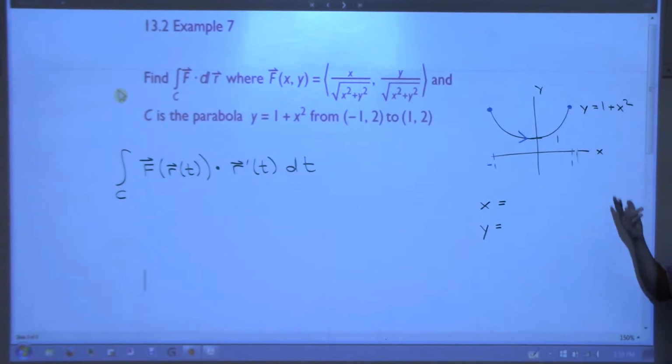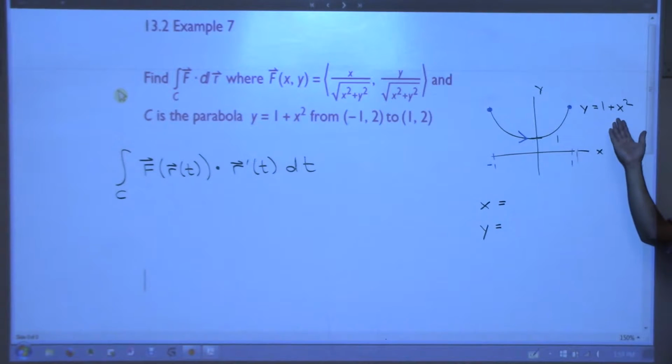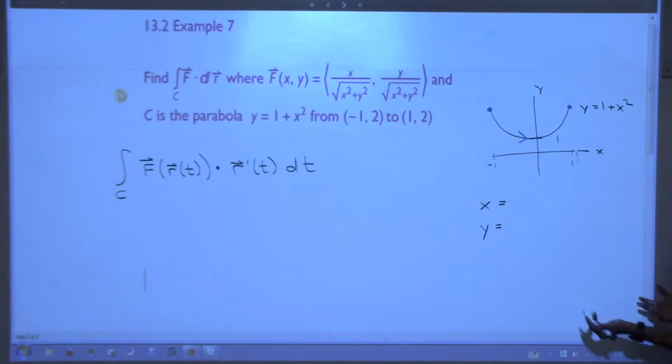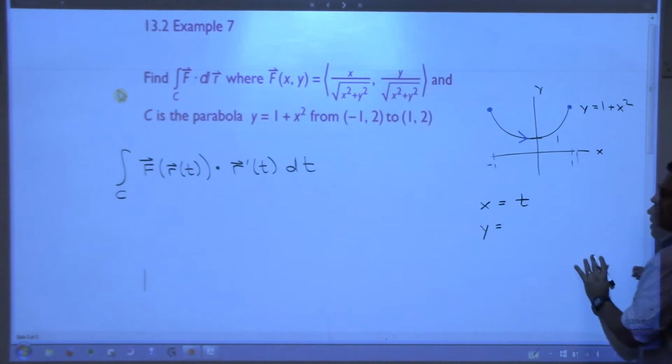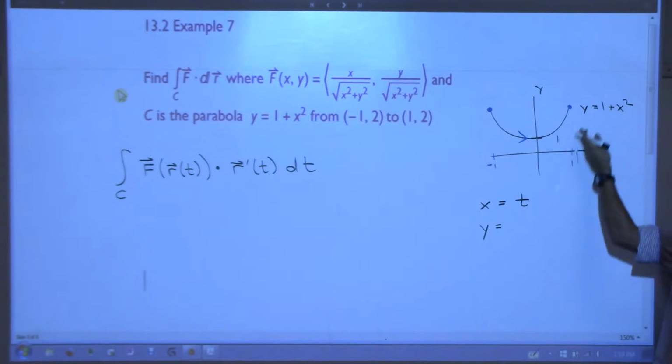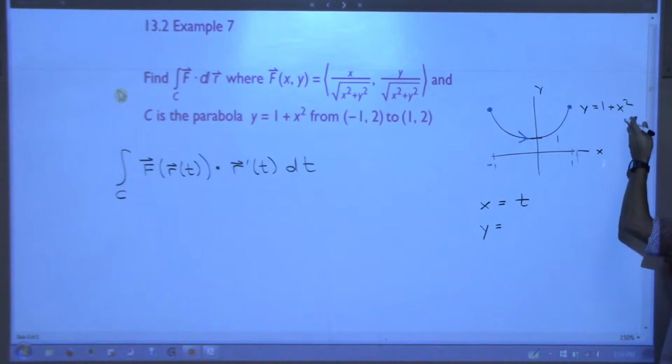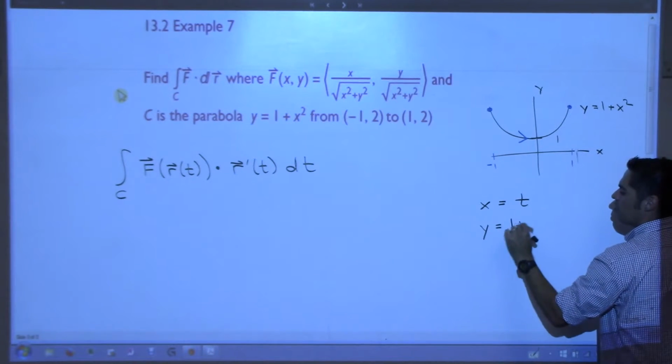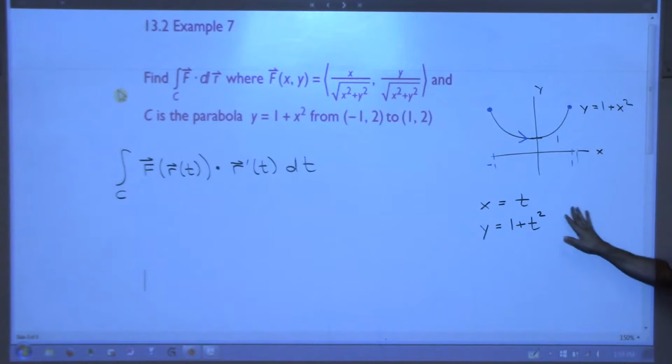T, because x is free, right? Y depends on x. So x here can be whatever you want. So we make that the t. And then the y is exactly this rewritten with x replaced with t. So 1 plus t squared. This is how I was telling you last class. You could use your calculator to graph every function you've ever graphed before.